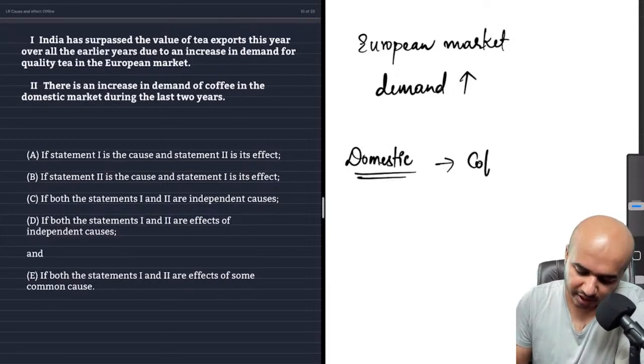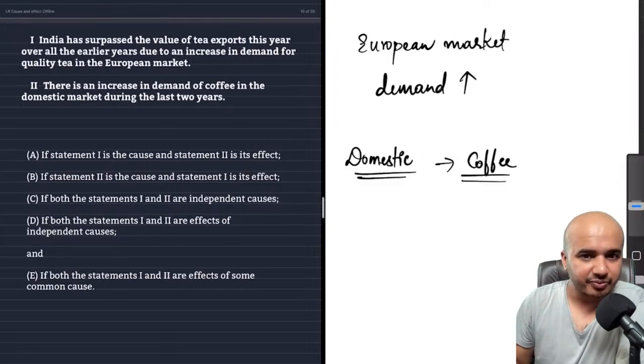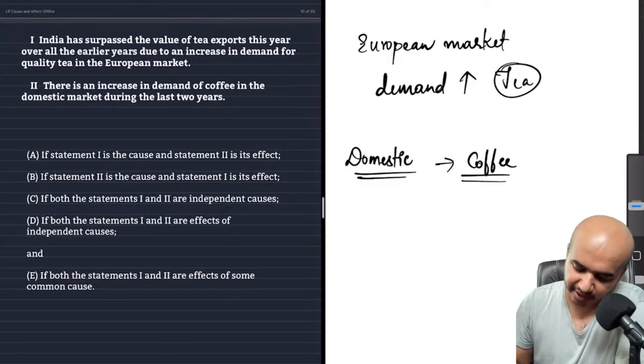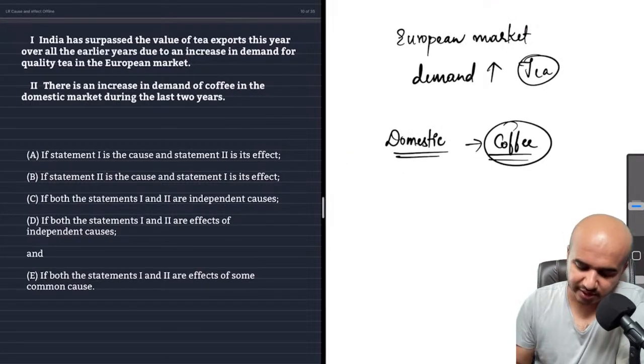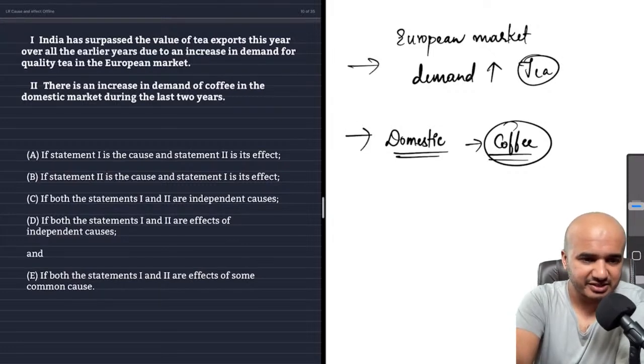Now, how is the market for tea related with respect to the market for coffee, the two in two different places? One, we are talking about European market, and two, we are talking about domestic market. So when that is the case, is there any correlation or is there any cause and effect relationship between the two is what we have to see.